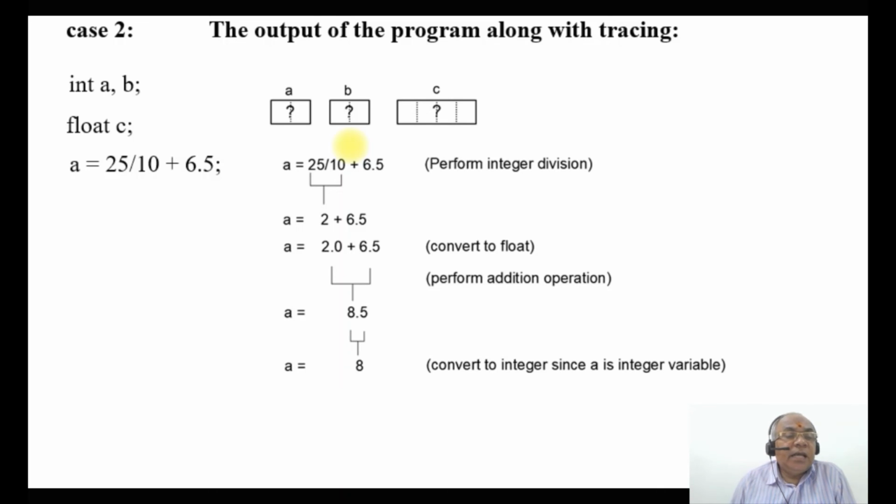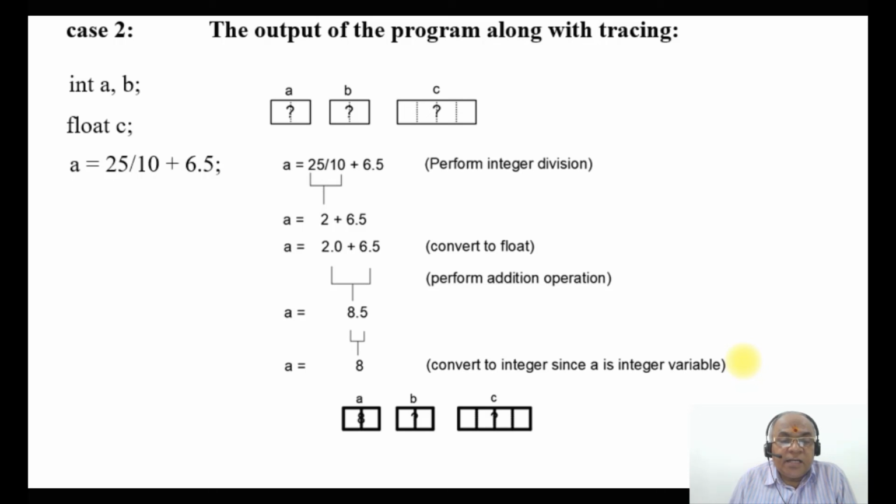Because a has been declared as an integer, a will not get 8.5. It truncates the 0.5 and converts it into 8. a is equal to 8, converted to integer since a is an integer variable. So this is how it is executed.